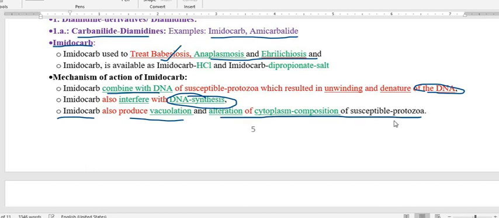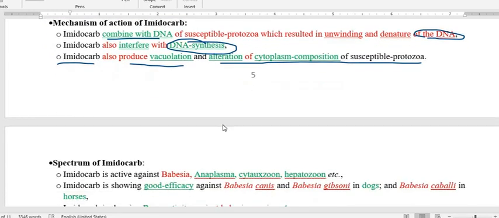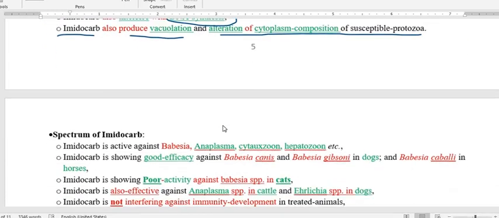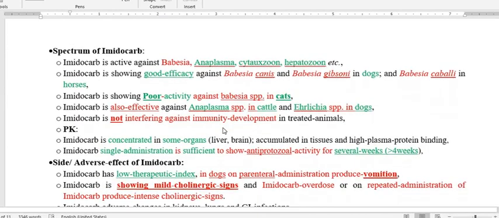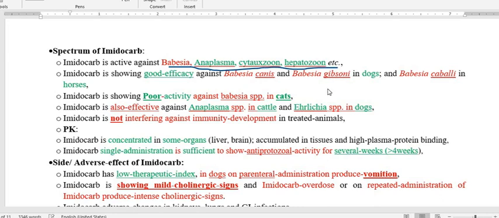In addition, imidocarb also produces vacuoles within the cytoplasm of the protozoa; we call it vacuolation. So it inhibits DNA synthesis as well as produces vacuolation in the cytoplasm of the susceptible protozoa.